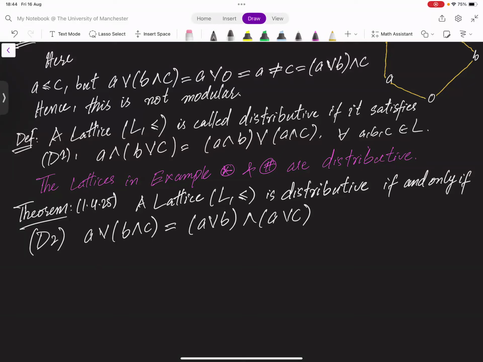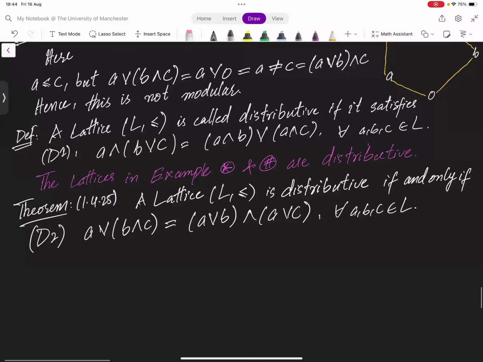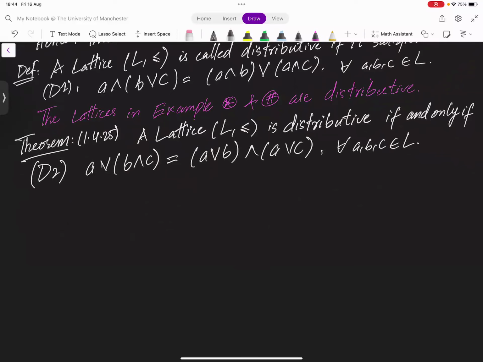And that's the other condition for the distributivity for all A, B, C inside L. Now we can prove this. Suppose this lattice is distributive.